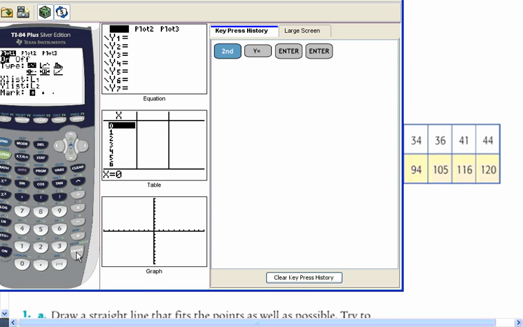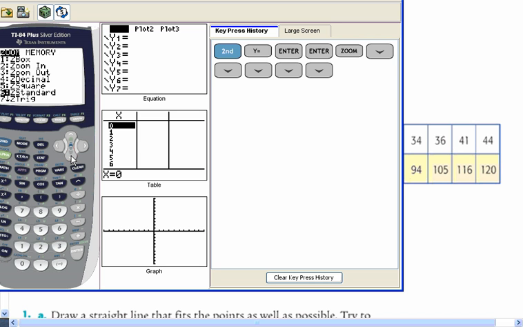Right now my window is not set okay, and there's a real fast way to set a good window, and that's by pressing zoom, and then zoom number, I'm going to arrow down here and you'll see it's called zoom stat, number 9. So I could have just pressed number 9 instead of doing all those arrows.